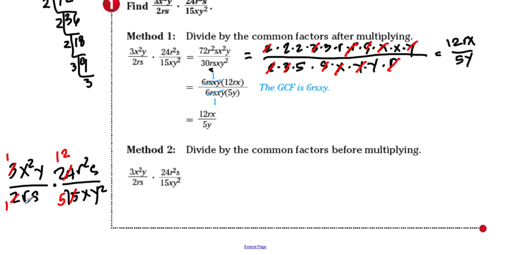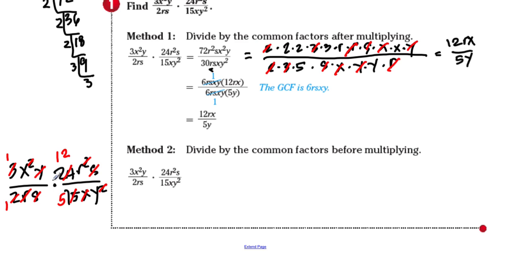And the r squared and the r, you cancel out that r and you cancel out that 2. Okay, the y, you cancel out the 2, you cancel out that y, and the s, cancel out both s's. So look what's left. You need to cancel out this x and that squared x.